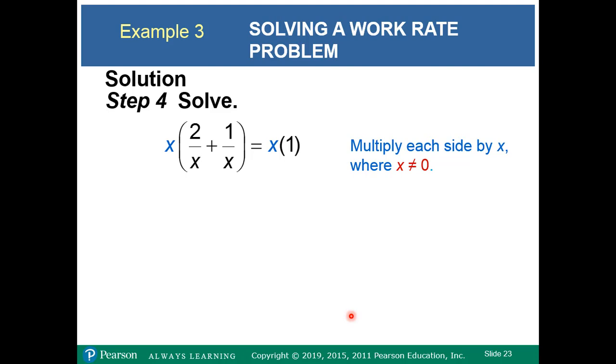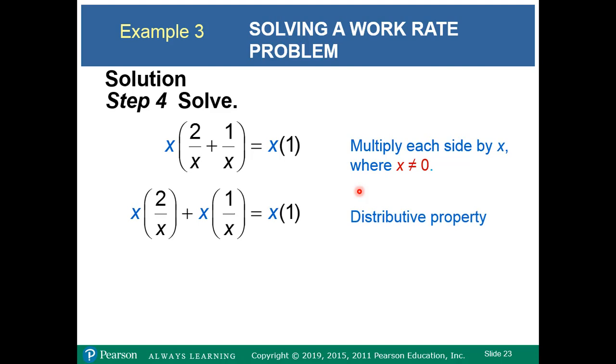Oh, by the way, x can't be equal to 0, for obvious reasons. So here x can't be equal to 0. Now we're going to multiply by the lowest common denominator, and we get 3 = x, so x equals 3.